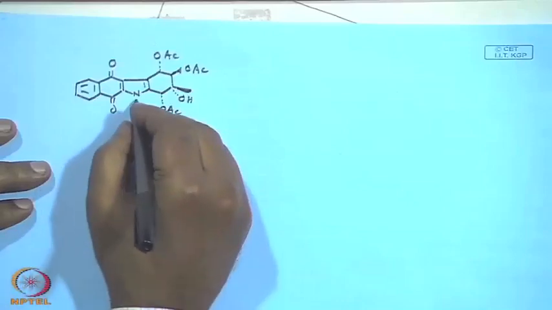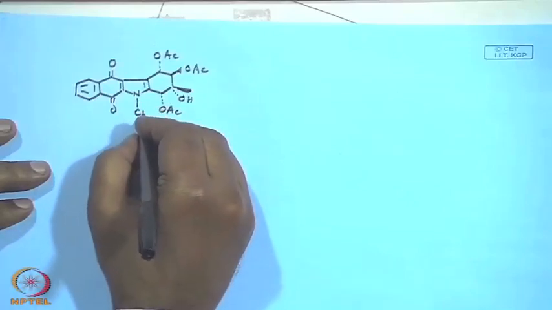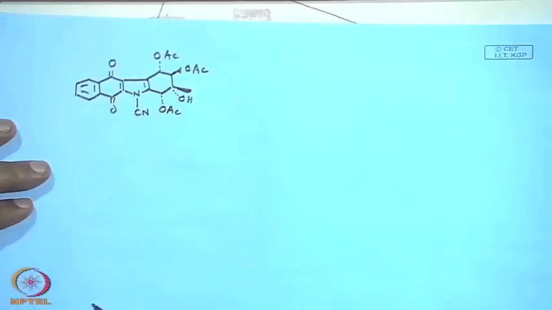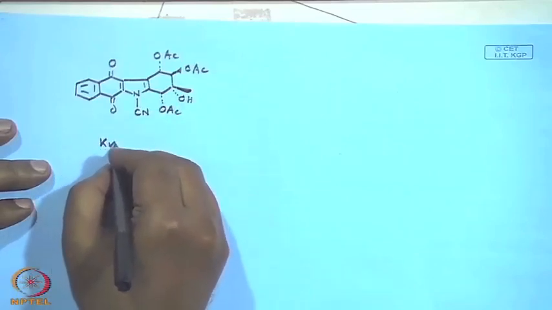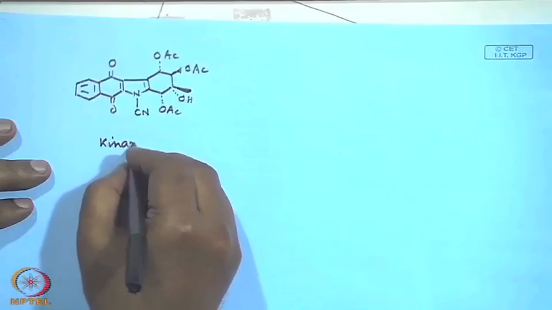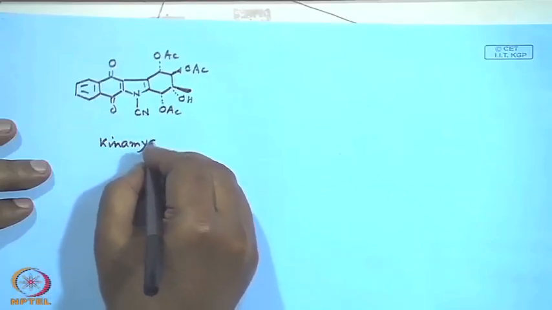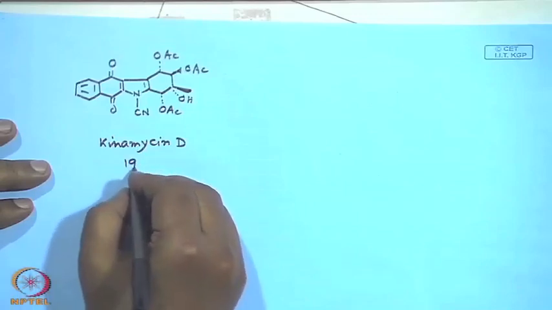Then the nitrogen is substituted by a cyano group, which is called cyanamide, and the name of this molecule is kinamycin D, which was isolated in 1970.